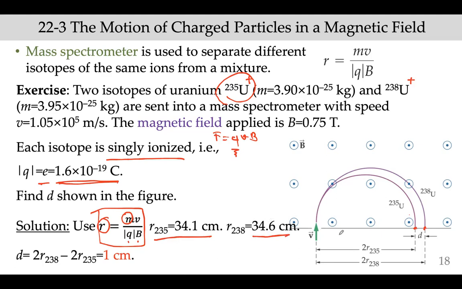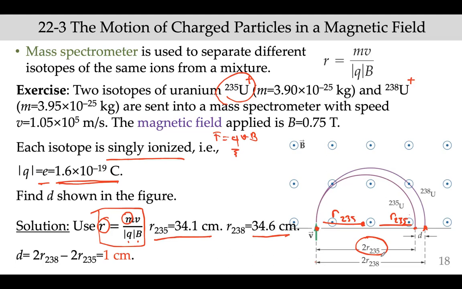And so then this distance is 2r235, which in this case is 34.1. From this point to this point, you have to take 2 times the radius, because this is like the circle, this is the radius, and this is 2r for 235.